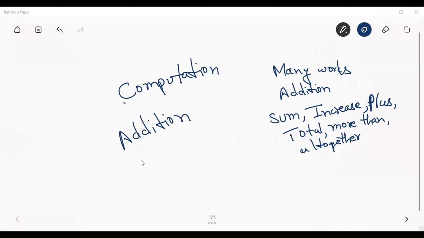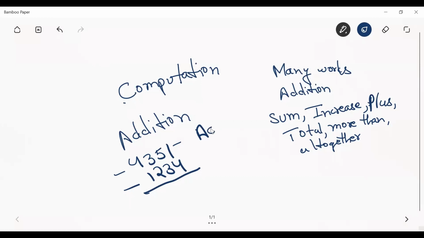Okay. Now the number addition. One number is 4351 plus 1234. What are these two numbers which we are adding called? Addends.